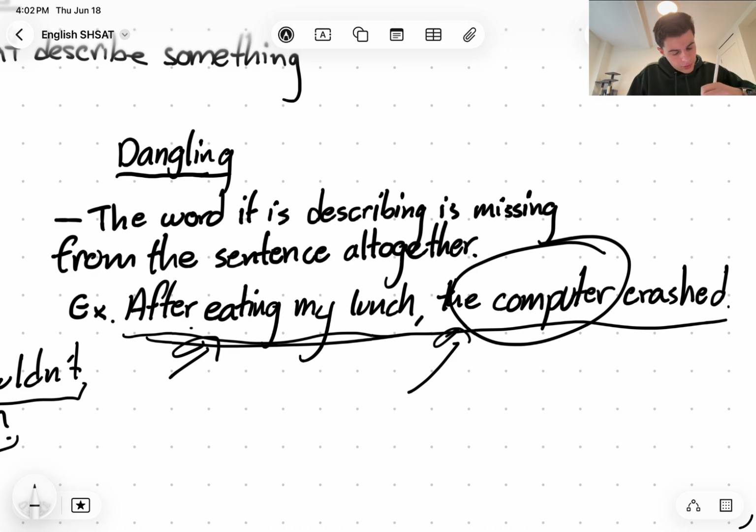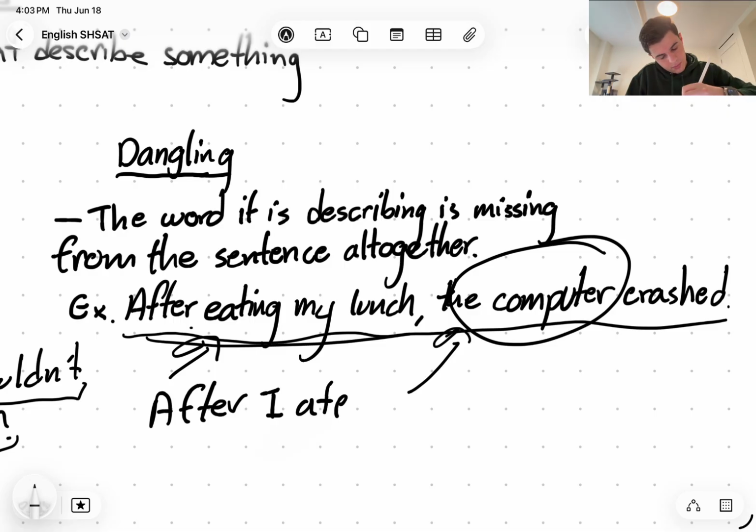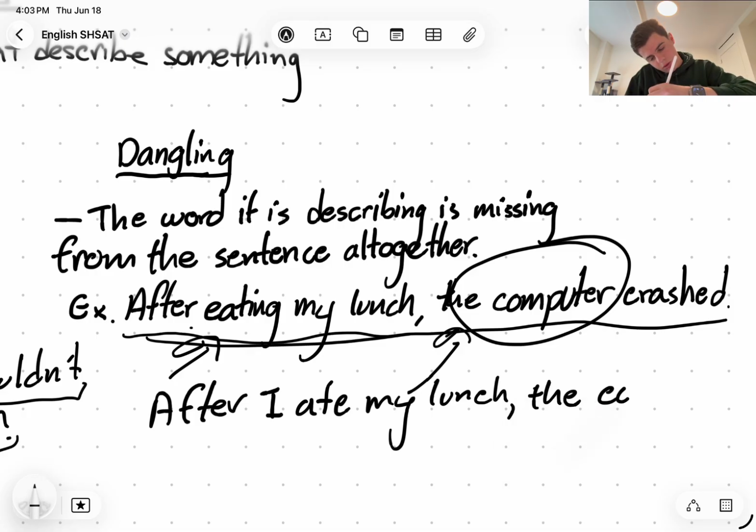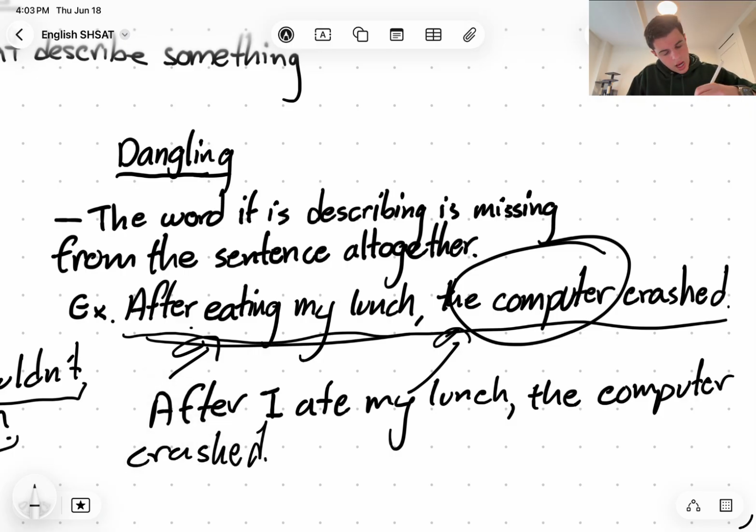So we could fix this by saying after I ate my lunch, the computer crashed. Right, because this I here clarifies that I was the one who ate my lunch. It shows that it wasn't the computer that ate my lunch and then crashed.